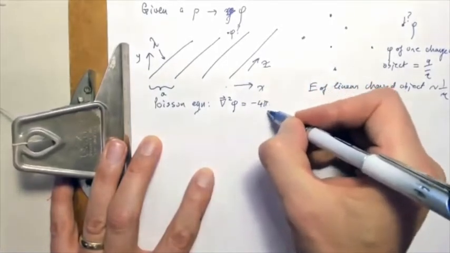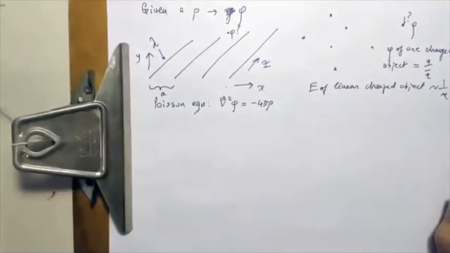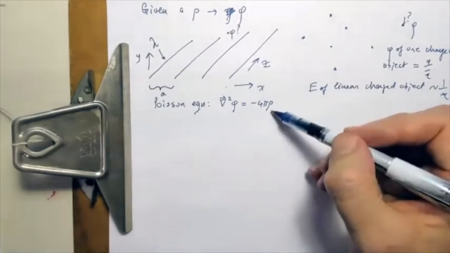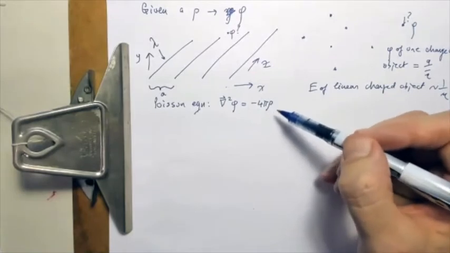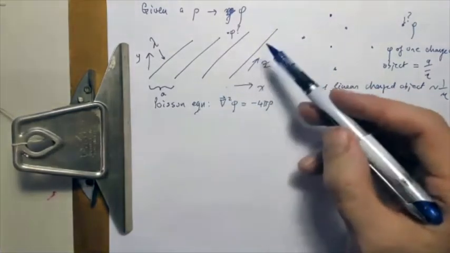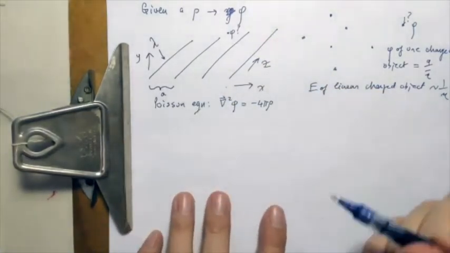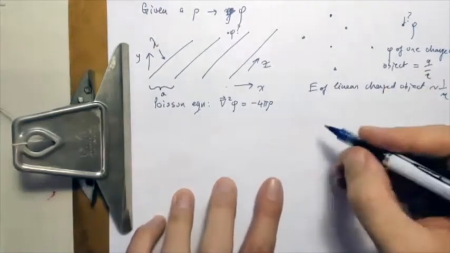Minus 4 pi rho. So we have to figure out a way to solve this. Well, the first thing we need to do, and we already went through this exercise a little bit, is how do we describe the charge density of a set of wires like this?